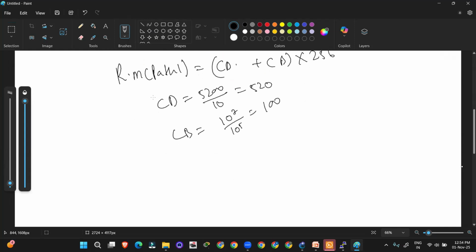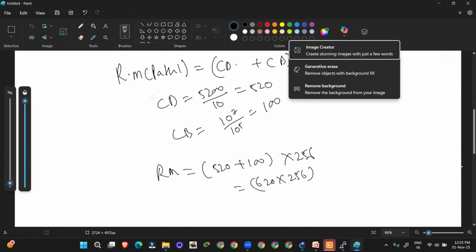Now, according to both the values, route metric will be equal to (520 plus 100) multiplied by 256. So that will be equal to 620 multiplied by 256.